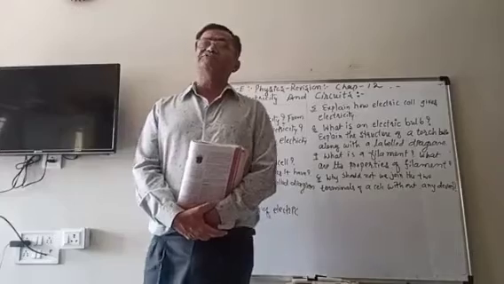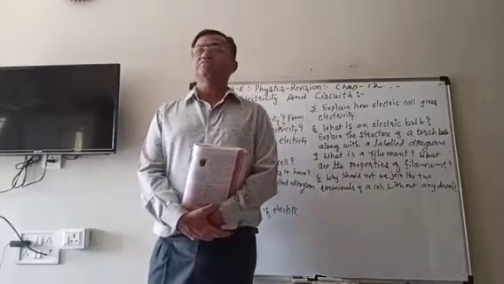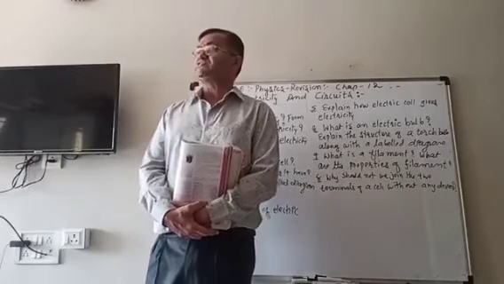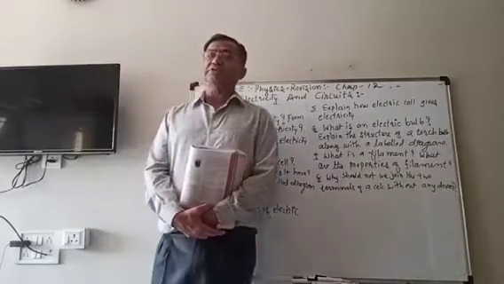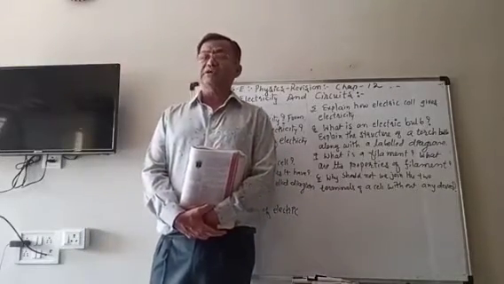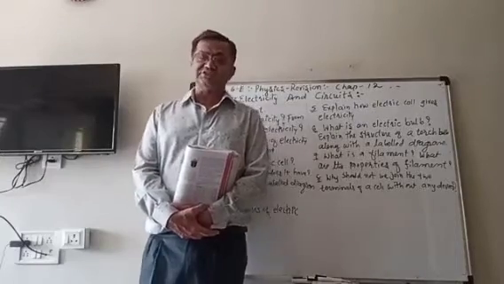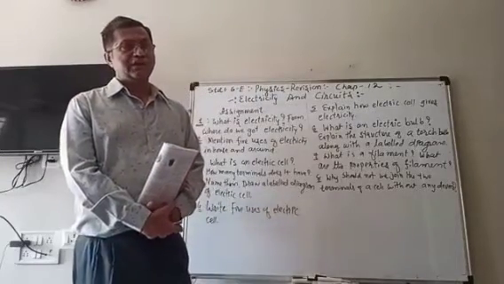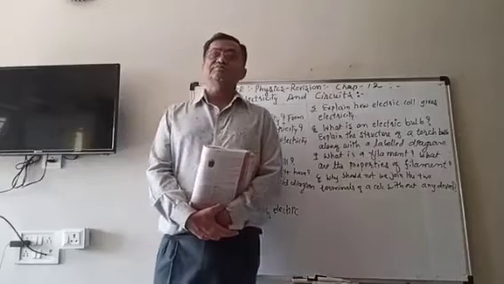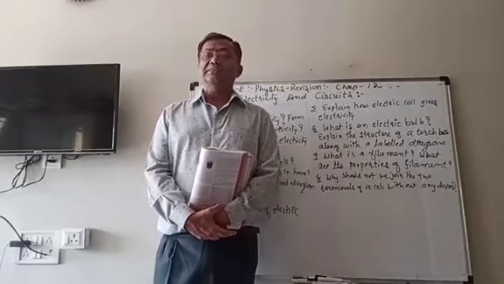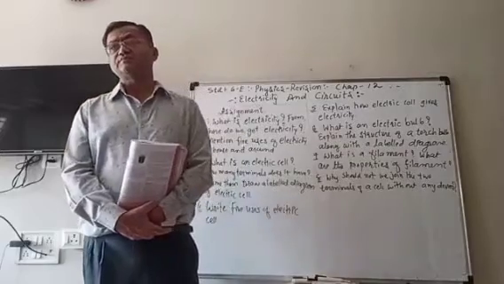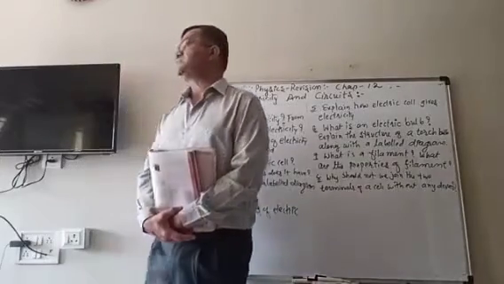I hope everybody is familiar with the place where electricity is produced. We get electricity which is produced in power stations. In power stations, they produce the electricity and then it is supplied through big wires.